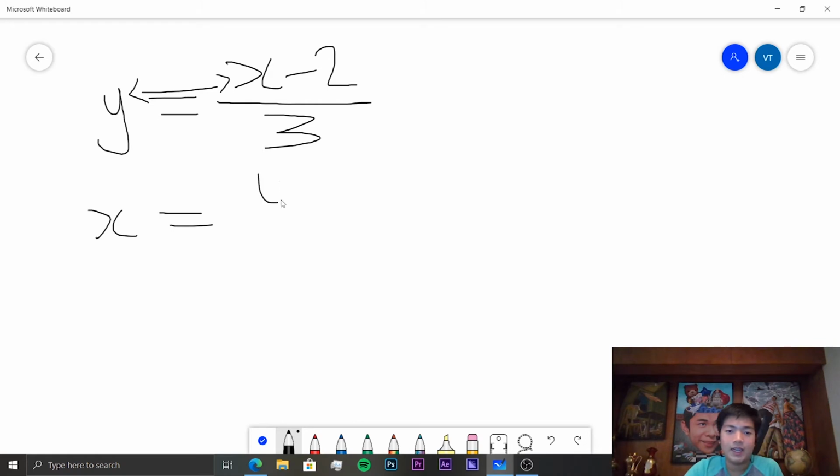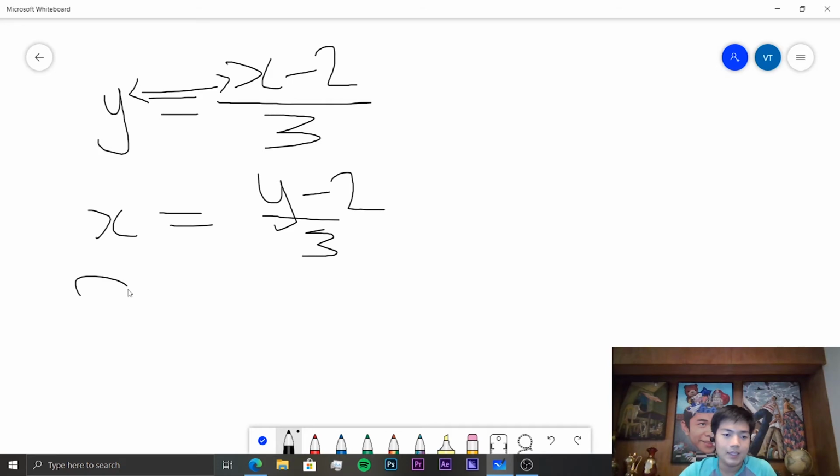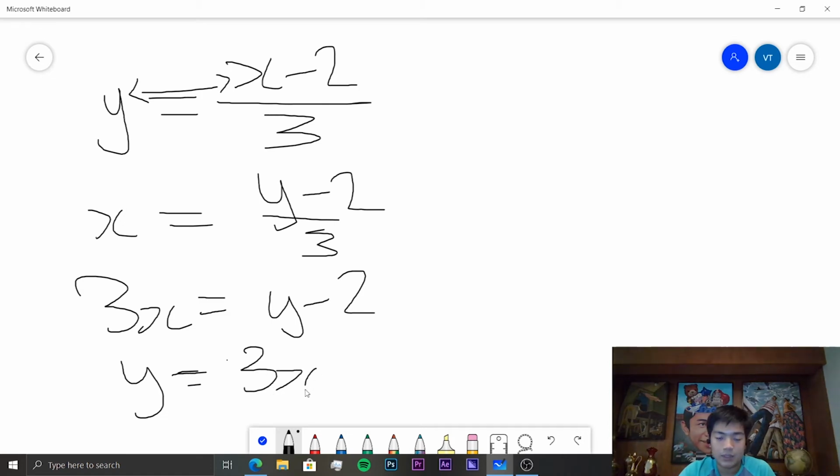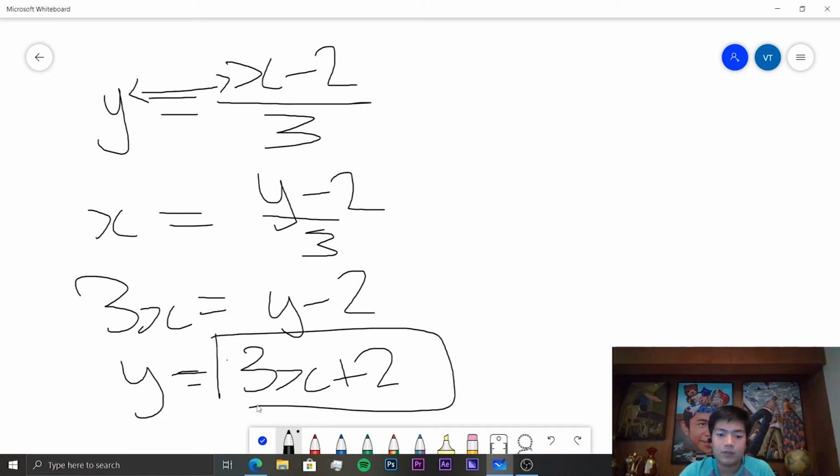So we have x equals (y minus 2) over 3. Normally we want to rearrange this to get the entire thing in terms of y. So we have 3x is equal to y minus 2, and therefore y is equal to 3x plus 2. And this would be the inverse function.